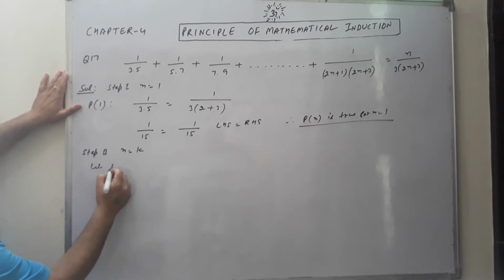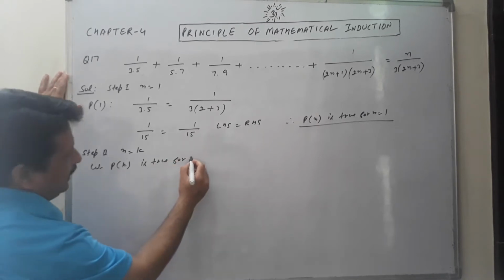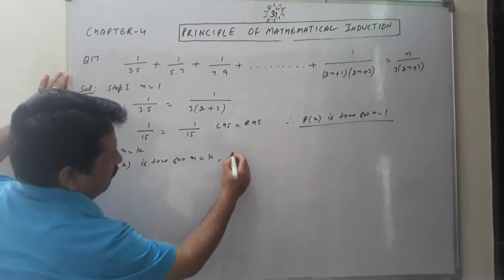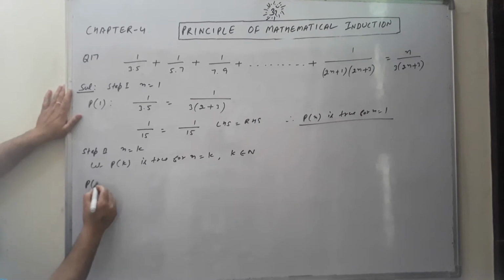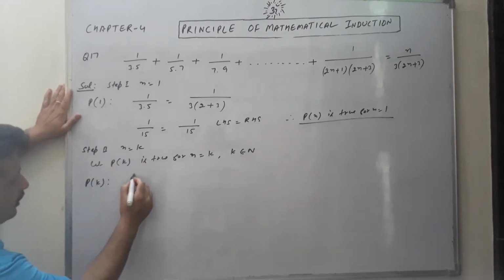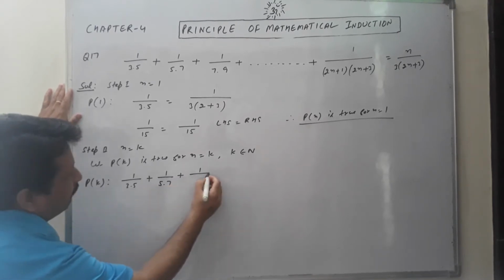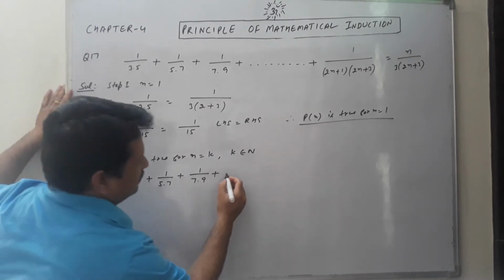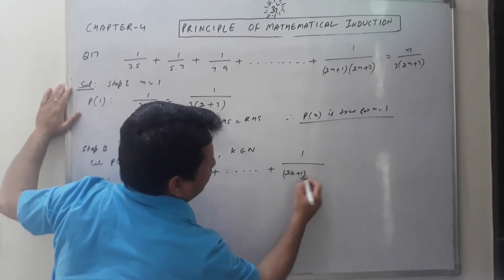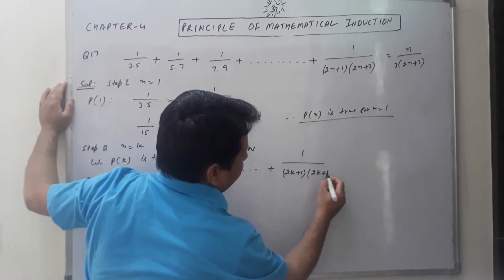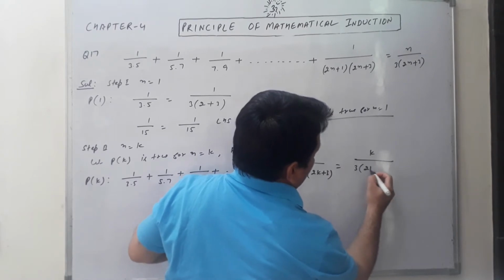So let P of k be true for n is equal to k, where k belongs to natural numbers. So P of k, that is 1 upon 3 into 5 plus 1 upon 5 into 7 plus 1 upon 7 into 9 plus so on, 1 upon (2k plus 1) into (2k plus 3), is equal to k upon 3 into (2k plus 3).